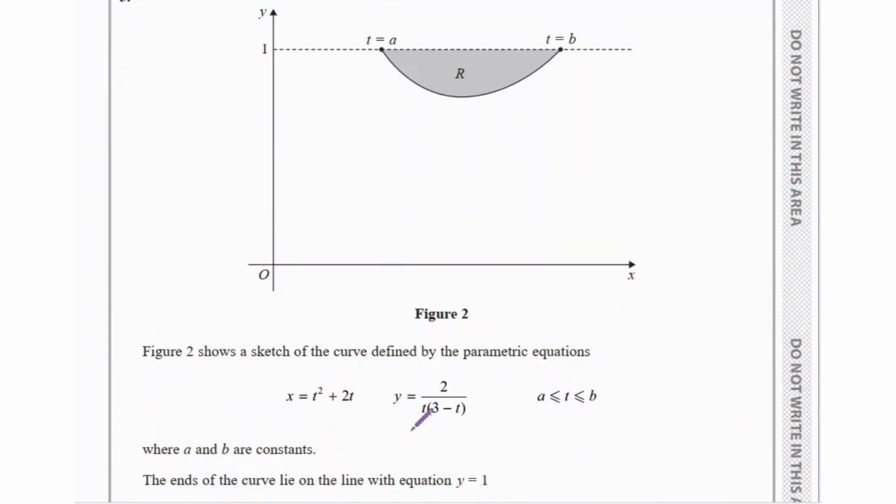So to find the value of a and b, we can easily put y equals 2 over t times 3 minus t equal to 1. Why? Because the y equals 1 line lies on the curve, because it's passing through it. So if we put y equals 1 in the second equation, we can get the value of t.